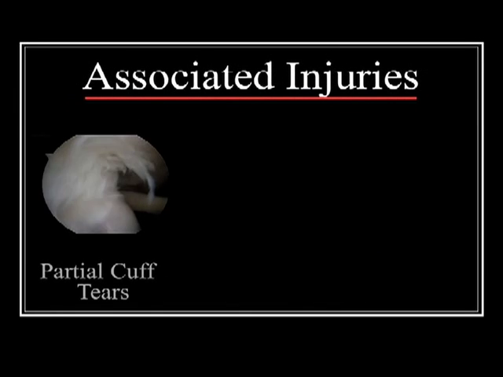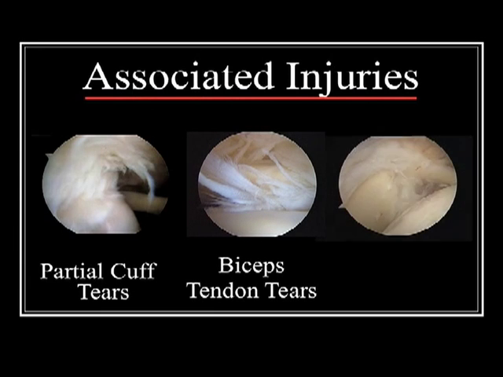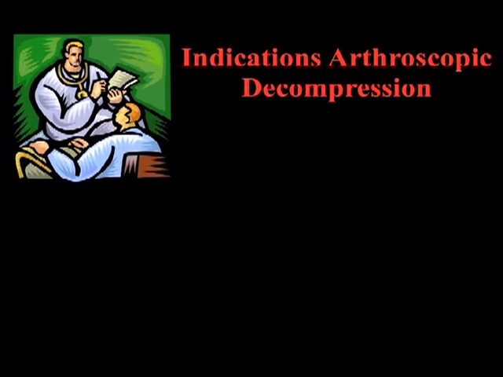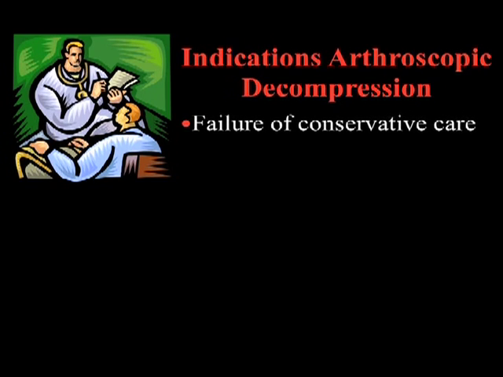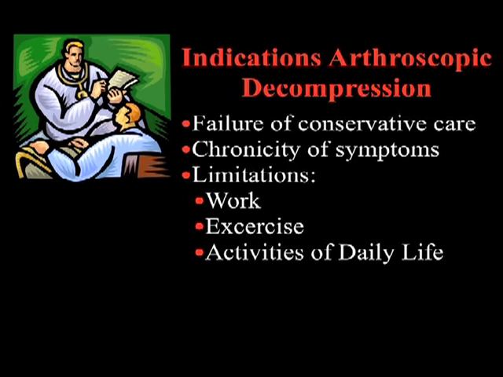Other injuries commonly associated with impingement can also be treated during the same arthroscopic procedure. The indications for arthroscopic decompression include failure of conservative care, chronicity of symptoms, limitations in work, exercise, or activities of daily living, and of course pain.